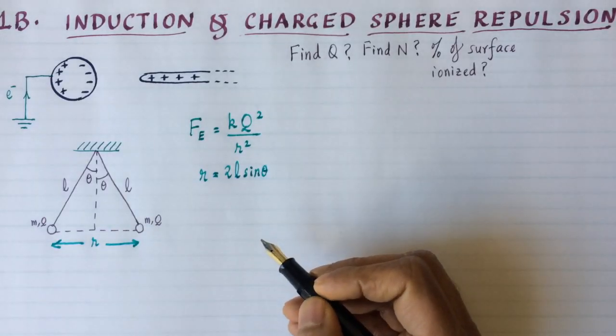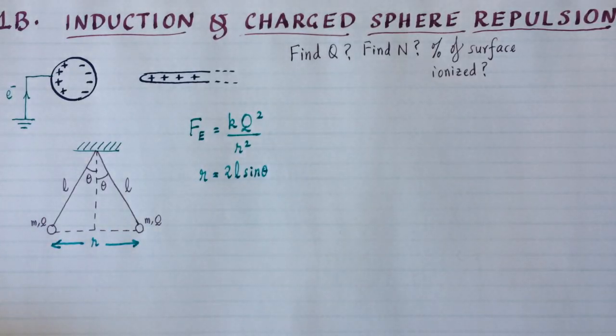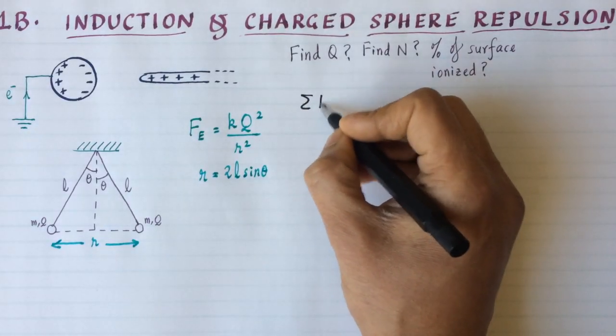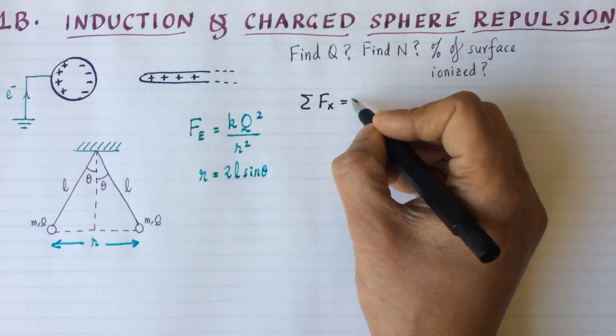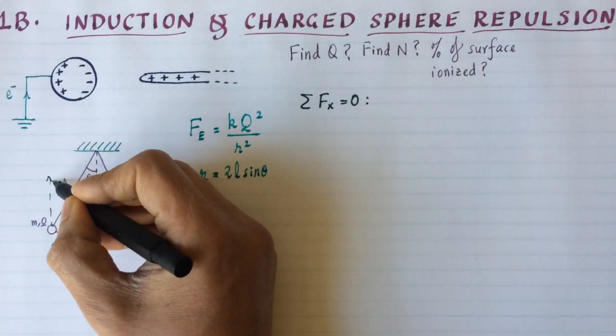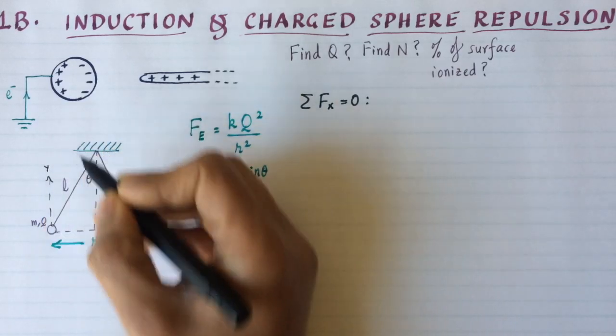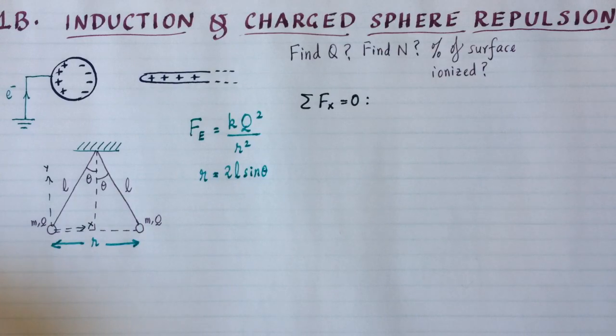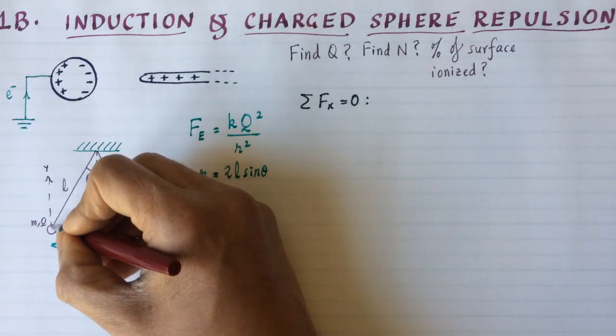Next, we have to solve Newton's second law, or force balance. Newton's second law says the sum of all the forces in the x direction equals 0. We'll take our traditional x and y directions here. And let's draw some free body diagram forces.